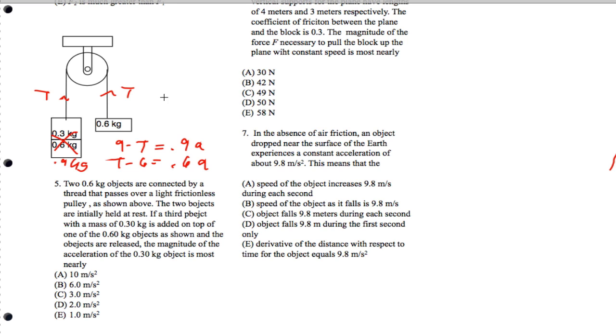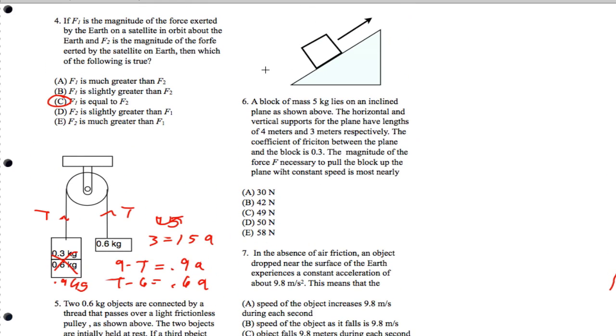So let's combine these equations. 9 minus 6 is 3 equals 1.5a. And I'm actually going to need an acceleration of 2 meters per second squared. Do they want the acceleration or the tension? Looks like they want the acceleration.